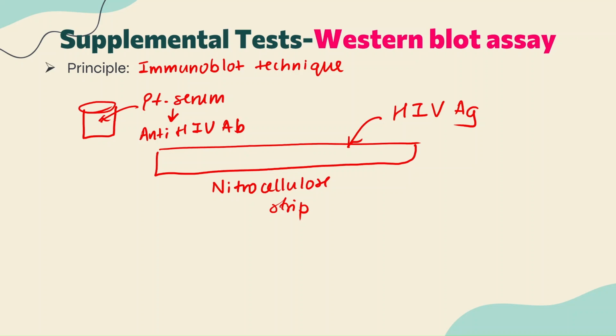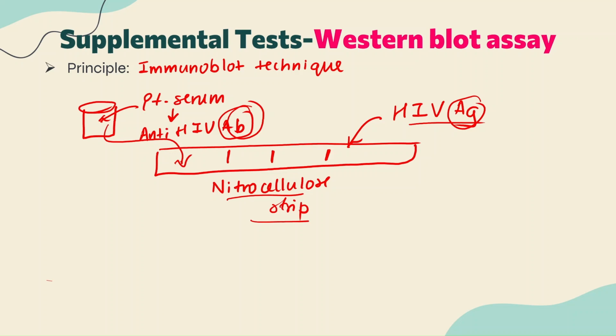So we have taken a nitrocellulose strip, which has the HIV antigenic fractions, and we are loading this strip with the patient serum. Suppose the serum has the antibody, then an antibody-antigen reaction will take place, and those will appear as distinct bands on the nitrocellulose strip.